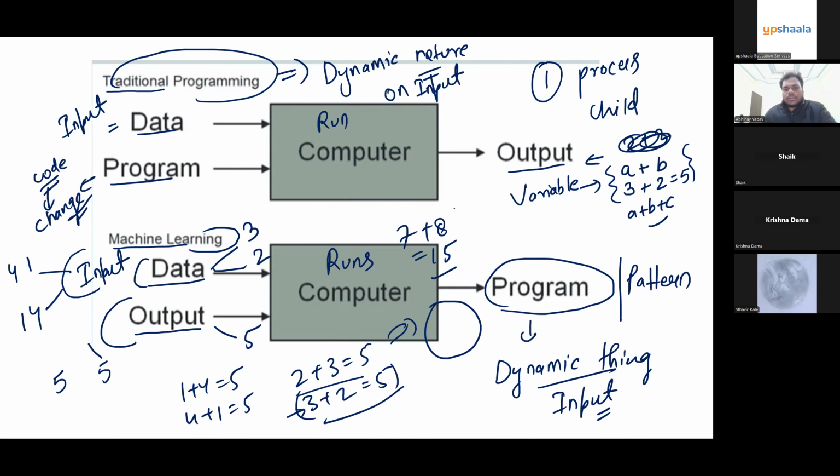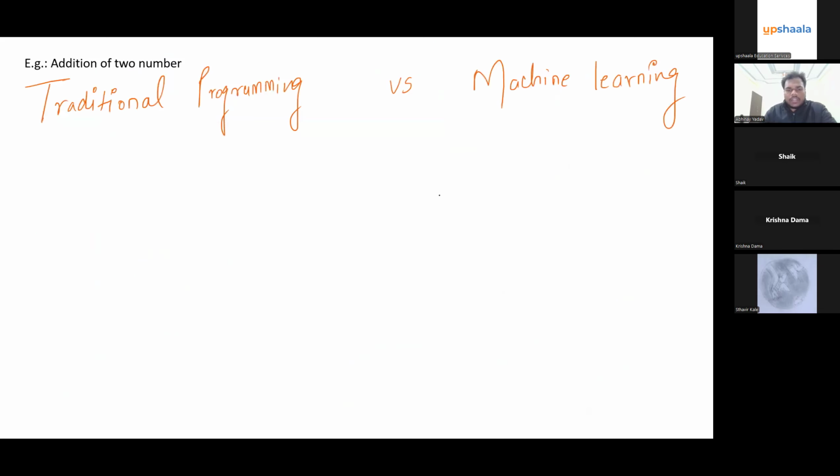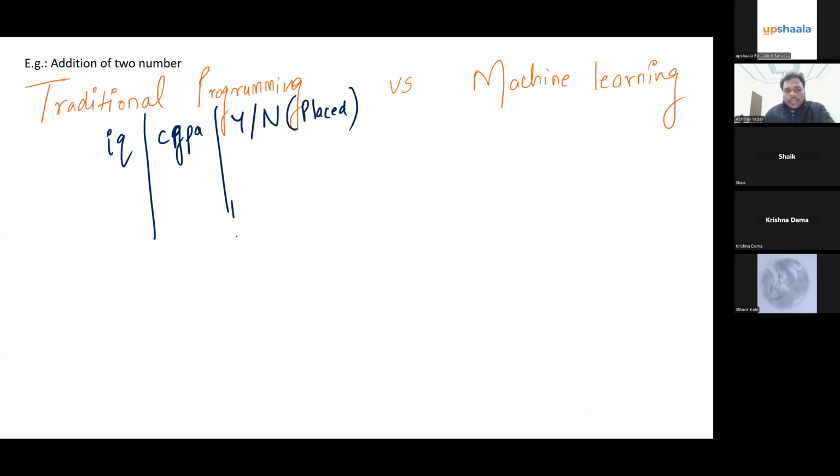Okay. If you're not getting this, we can take an example. Suppose right now we have two columns: one is IQ, the other is CGPA, and the last one is yes or no, whether the student is placed or not. Suppose the IQ of a particular person is 87, the CGPA is 8.5, and the student gets placed.